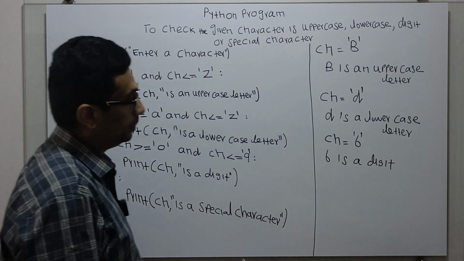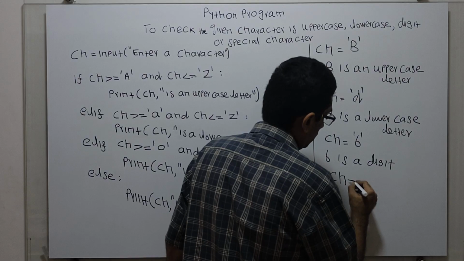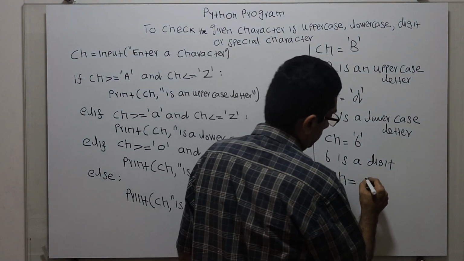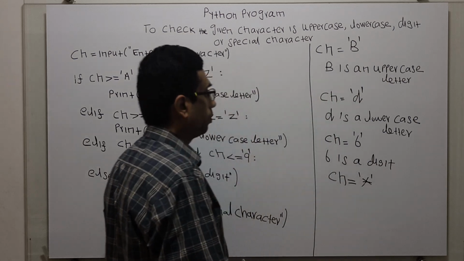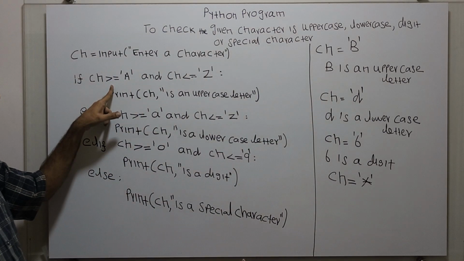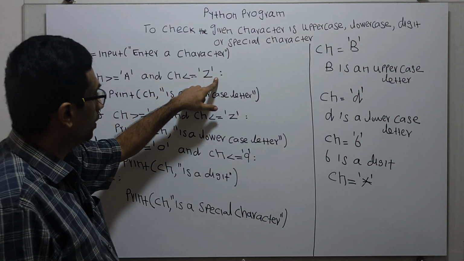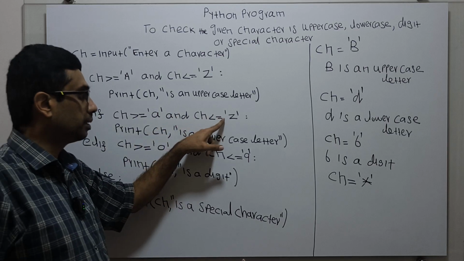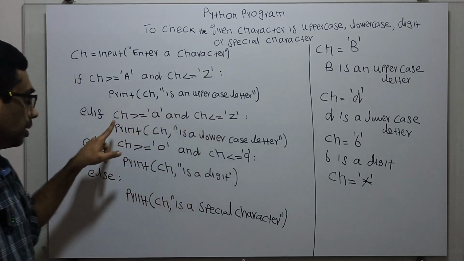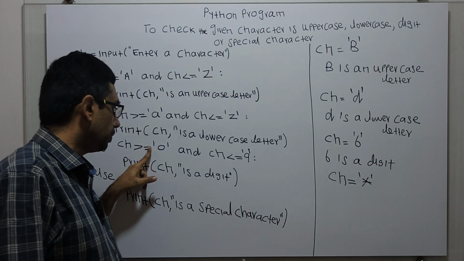I am executing the program again. Now I am giving ch equal to an asterisk symbol. Check the condition. Ch greater than or equal to capital A and less than or equal to capital Z. This is false. Come here and check, is it in the range of small a to small z? This is also false. And we check ch in the range of 0 to 9.